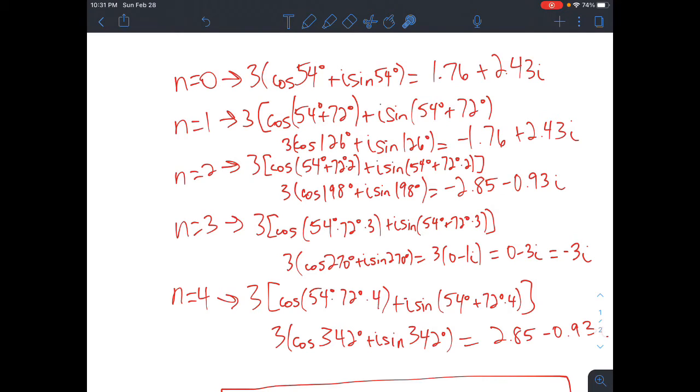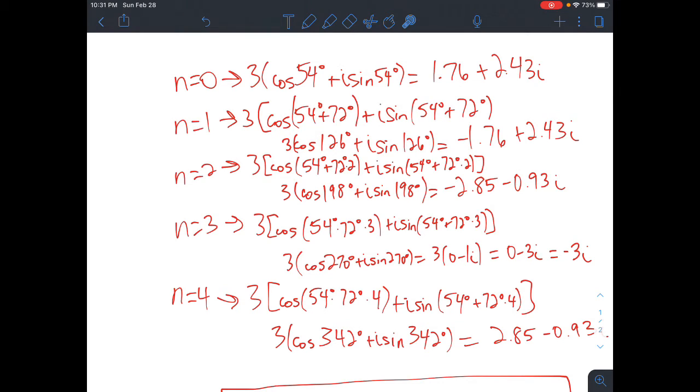Then when I plugged in 2, I got 3 times the cosine of 54 degrees plus 72 degrees times 2 plus the i sine of 54 degrees plus 72 degrees times 2. That left me 3 times cosine of 198 degrees plus i sine of 198 degrees, and my answer was negative 2.85 minus 0.93i.